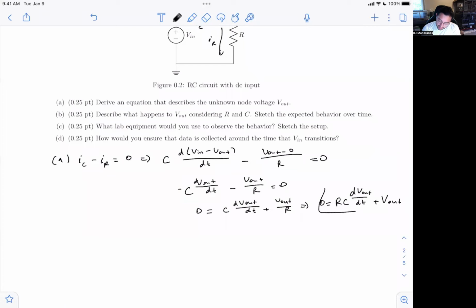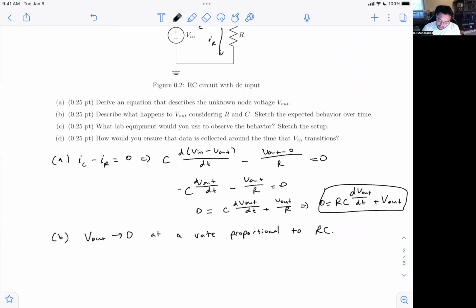And again, we can see that V out approaches 0, this time at a rate proportional to RC, right?